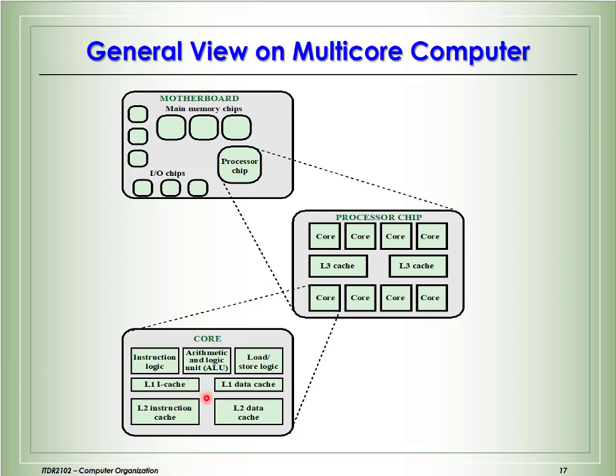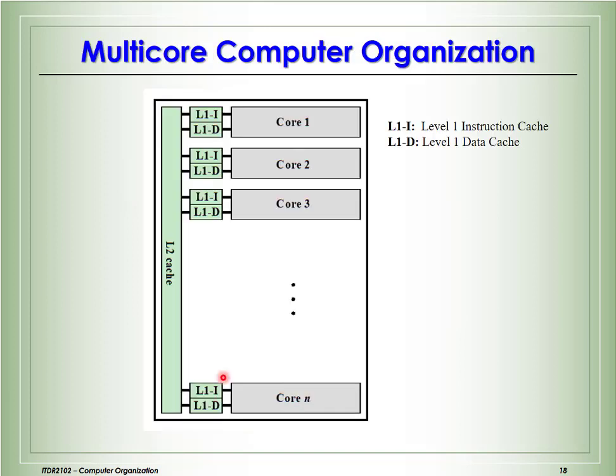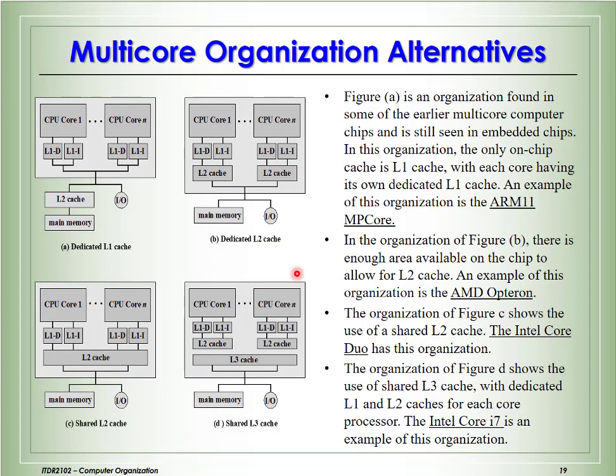You can see here level 1 and level 2, one for the instruction and one for the data. So here you see core 1, 2, 3 and multiple cores. This is the organization of a multi-core computer.